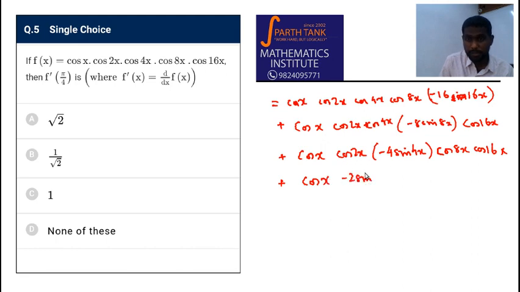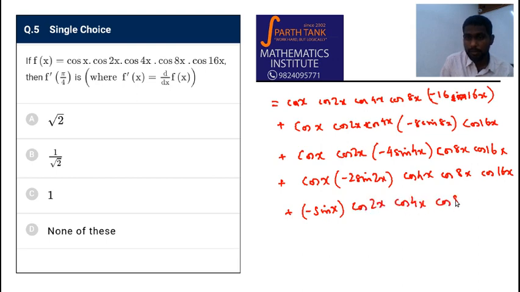So minus 2 sin 2x and this remains cos 4x, cos 8x, cos 16x. And finally differentiate the first term, it is minus sin x cos 2x, cos 4x, cos 8x, cos 16x. Okay, so here this is f dash of x.